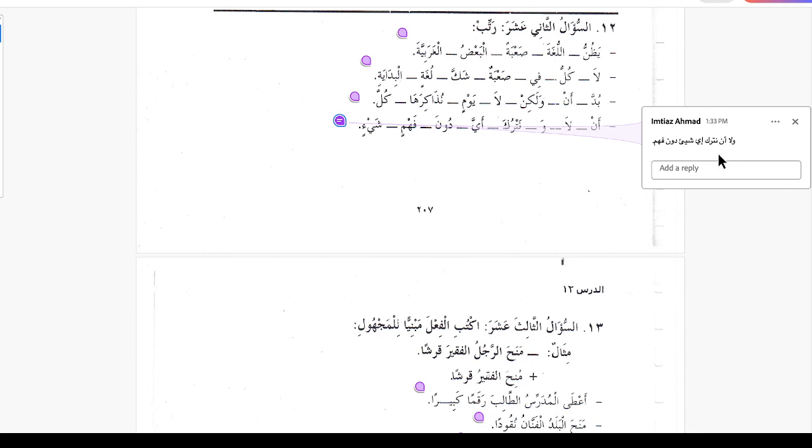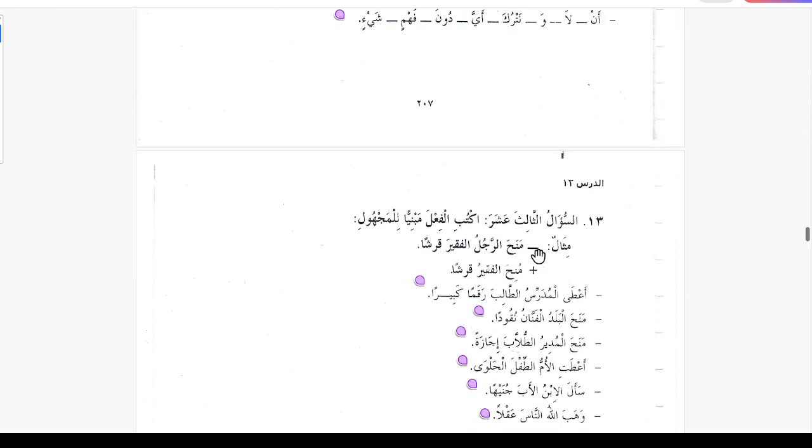And then the last one, wala an natruka ayya shay'in duna fahmin, and we should not leave everything without understanding, with duna fahmin. So this is how we can put in order.